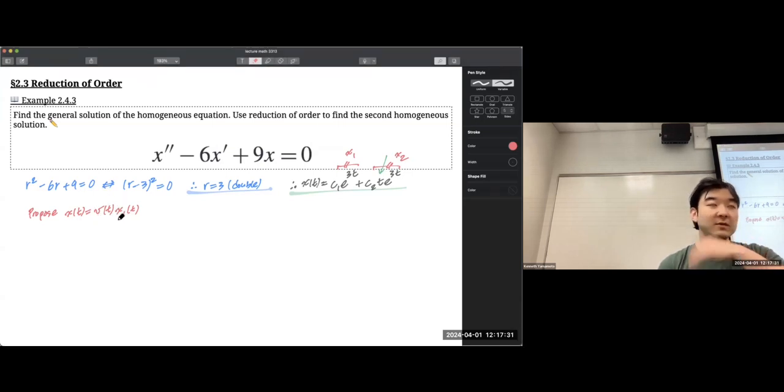I'm not saying x of t is anything. I'm saying I'm going to build it off of the first homogeneous solution. So it turns out to be a product of the first solution times some v of t, and the goal is, we already know what x1 is. x1 is this e to the 3t. So it'll be v of t e to the 3t. And the goal is, how can I force this to satisfy the differential equation? So we want to find this.